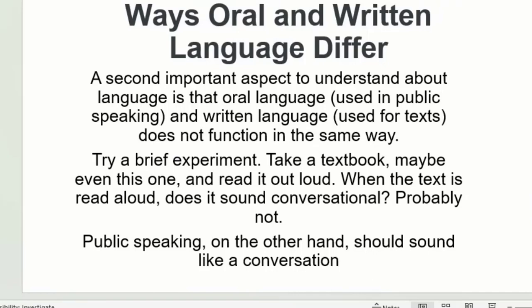Then I said here again, take a textbook, maybe even this one that you are having in front of you, and read it loud. When the text is read loud, does it sound conversational? No. So public speaking, on the other hand, should sound like a conversation.